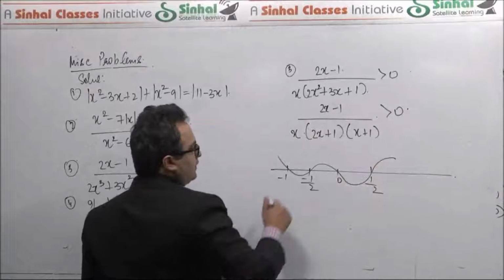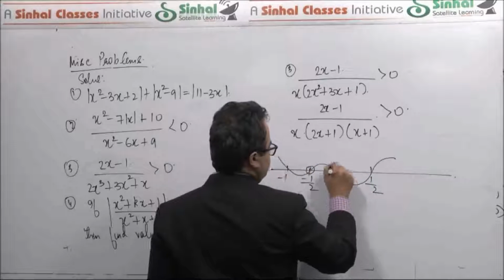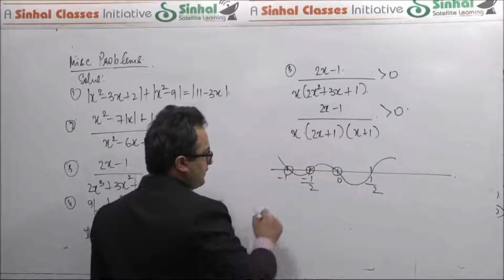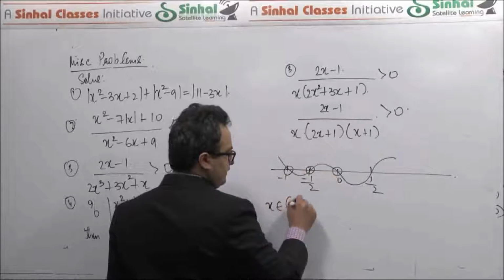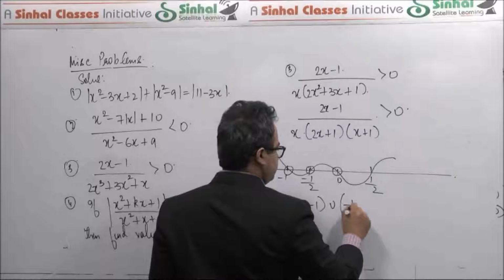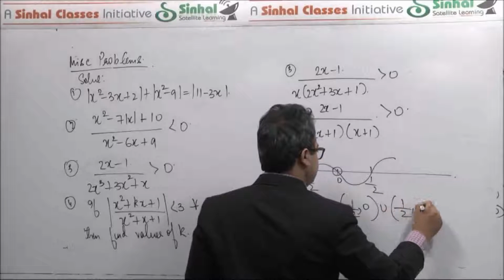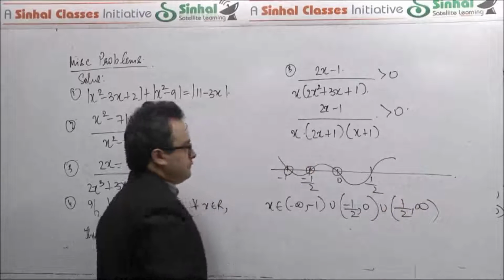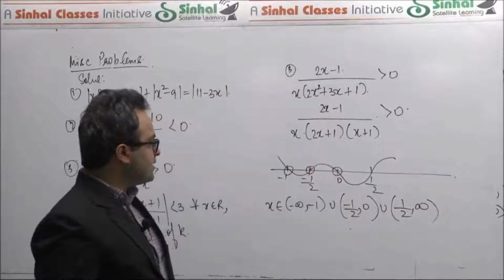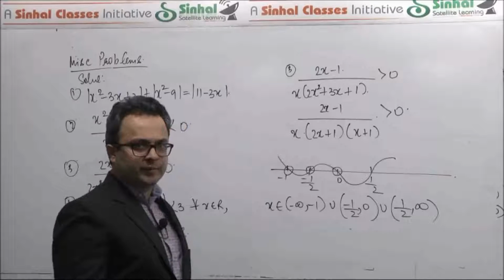And of course for 0, minus half. So we want the expression to be positive, so that'll happen between the roots. So this should be the complete solution set. X can be less than -1, it can lie between -half and 0, or it could be greater than half.